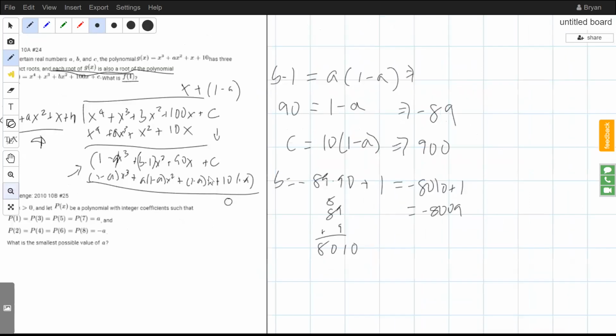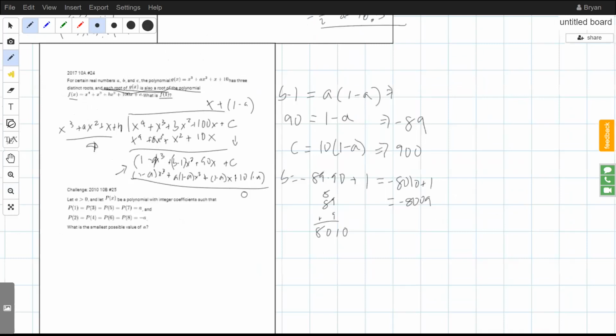And all we need to do is find f of 1. So f of 1 is 1 cubed plus b times 1 squared plus a times 1, plus c, because everything else is 1.